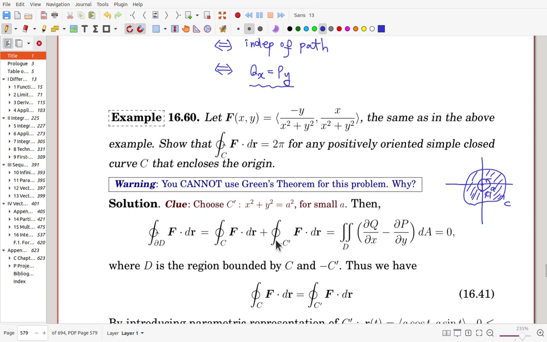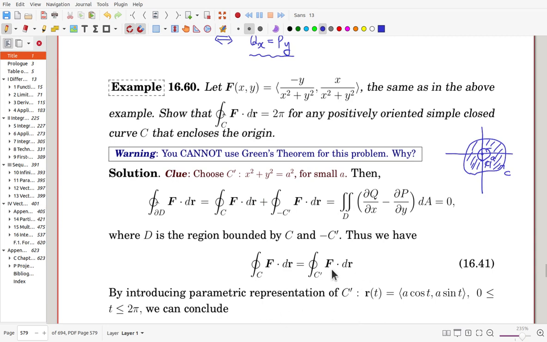Along with this negation coming out, we conclude that the integral along C, positively oriented, and the integral along C prime of the vector field must be the same. So we get this conclusion.